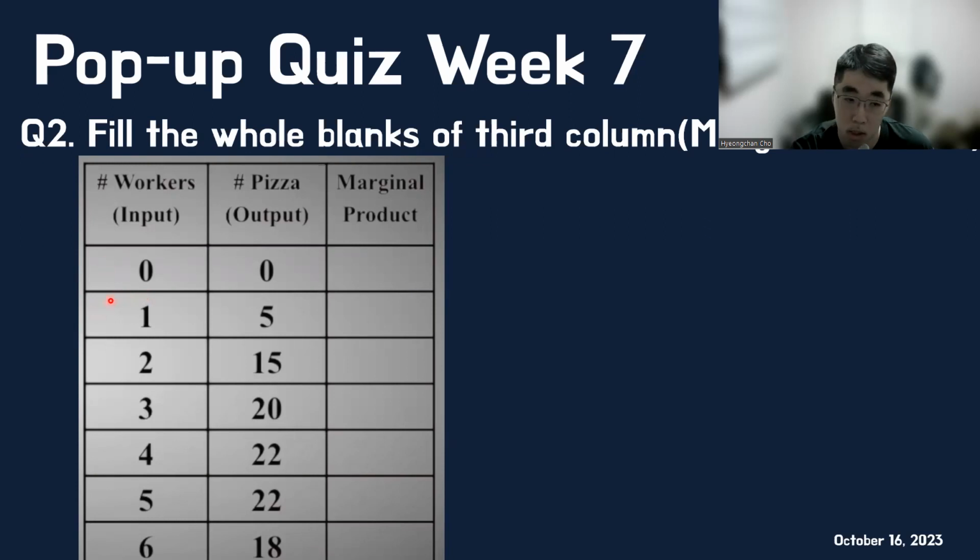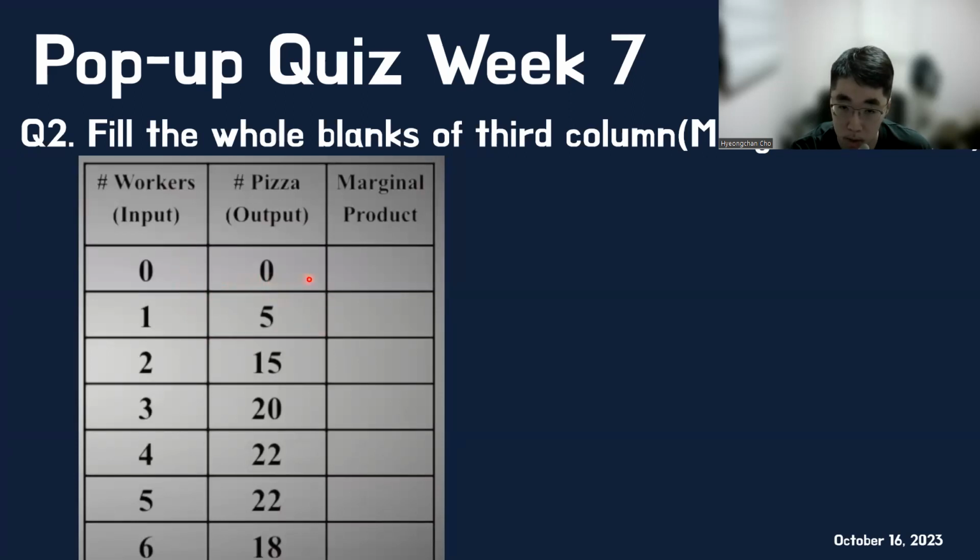The total product for the first row is 0, and the total product for the second row is 5. The marginal product is the result of this box minus this box.